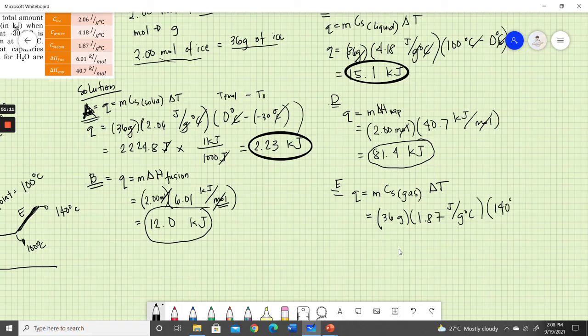The final temperature is 140 and the initial temperature is 100 degrees Celsius. So using a calculator, this should give you 269.8 joules. Again, just convert that to kilojoules. 1 kilojoule is equal to 1000 joules. Cancel joules, and that would give you 2.69 kilojoules.